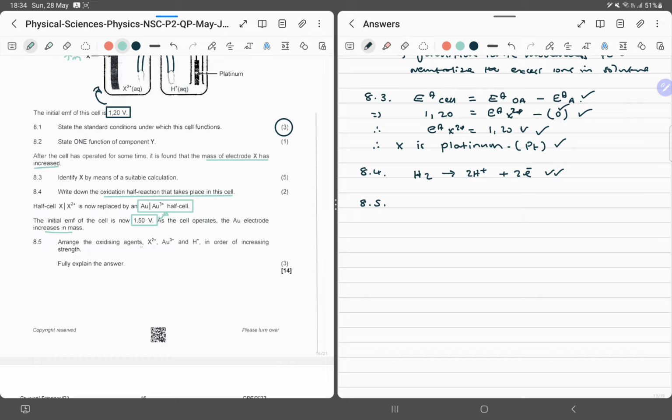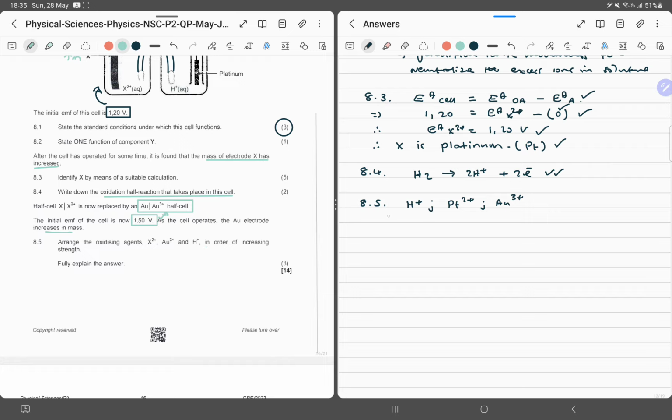Now arrange the oxidizing agents X, the platinum ions, the gold ions, and hydrogen ions in order of increasing strength. We know, of course, that hydrogen is a lower one. So H plus ions are of low oxidizing ability compared to the platinum one, which is 2 plus, compared to gold, because this one gives us a higher voltage. So it's going to be the gold. Okay, we did that. And then it says, fully explain the answer.